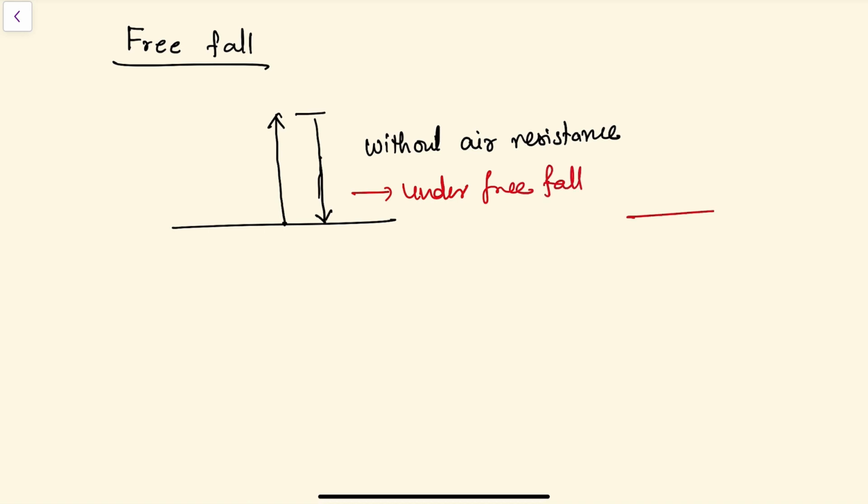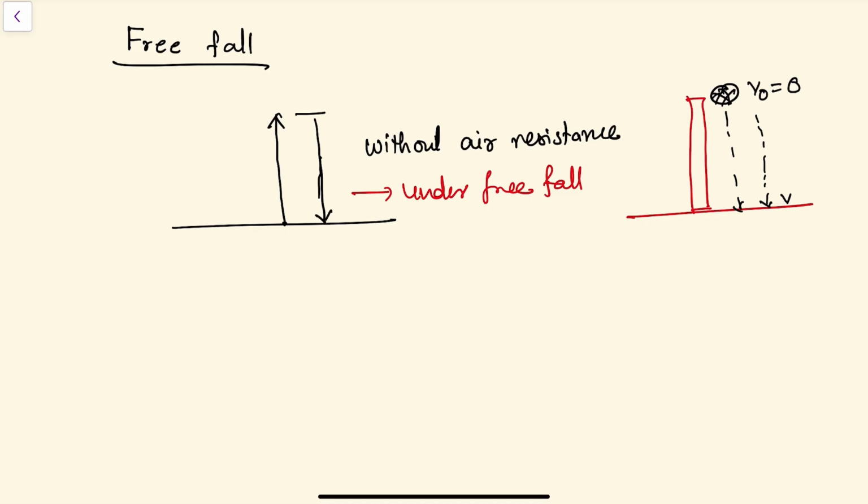Simply imagine that you are at a certain height and a body is falling down. You just release it, what happens? The initial velocity is 0, and the velocity increases. While striking the ground, the velocity has increased.